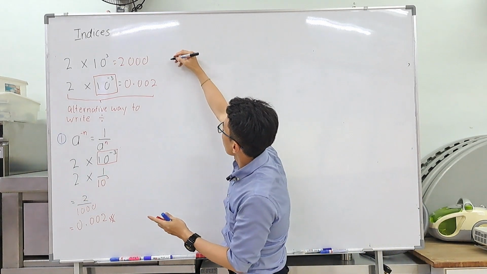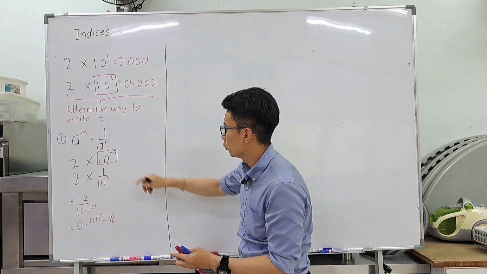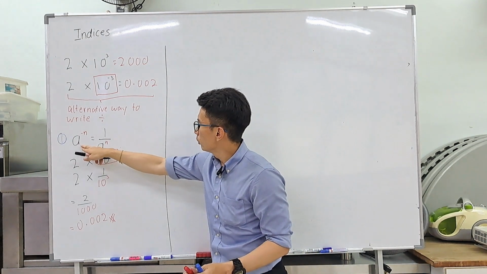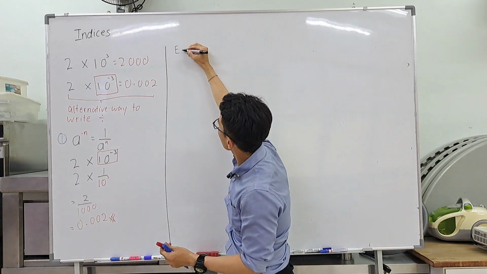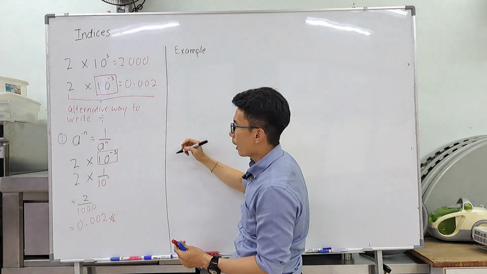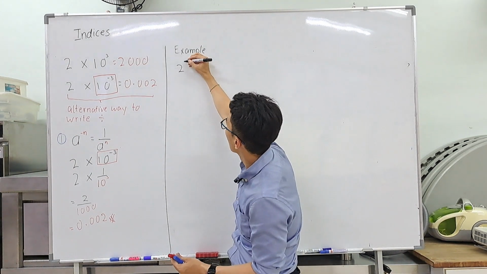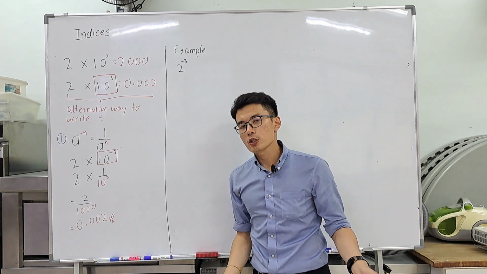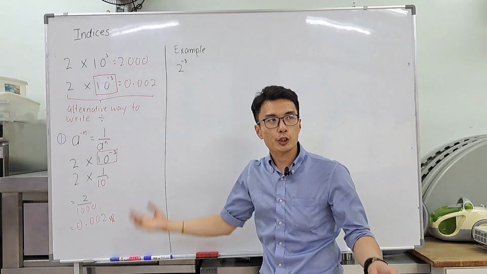Now, let me give you another example to play with the first rule. Let's just say over here I have 2 to the power of negative 3, and my question is, I would want you to rewrite this as a fraction.